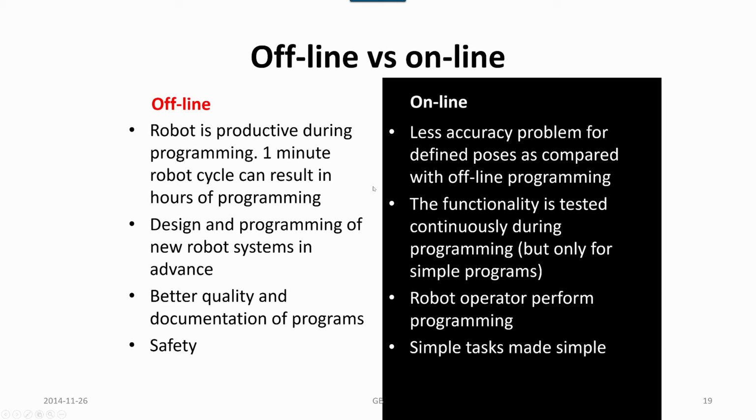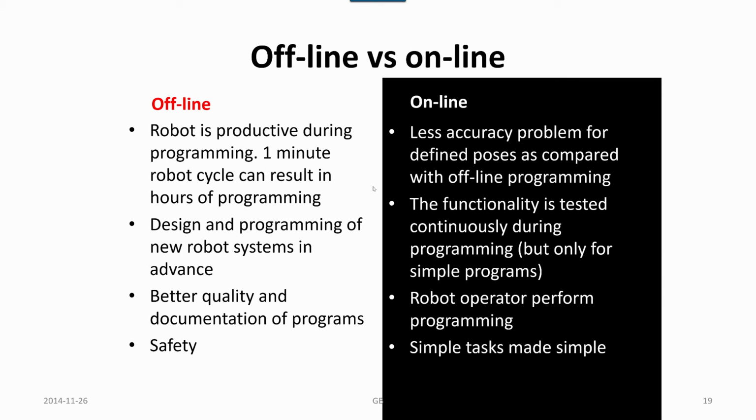So, some pros and cons, and actually, what are the differences? Offline programming: the robot is productive during programming. A 1 minute robot cycle can result in hours more of programming. And I wouldn't say that offline programming is faster, but we don't occupy the robot system during programming.